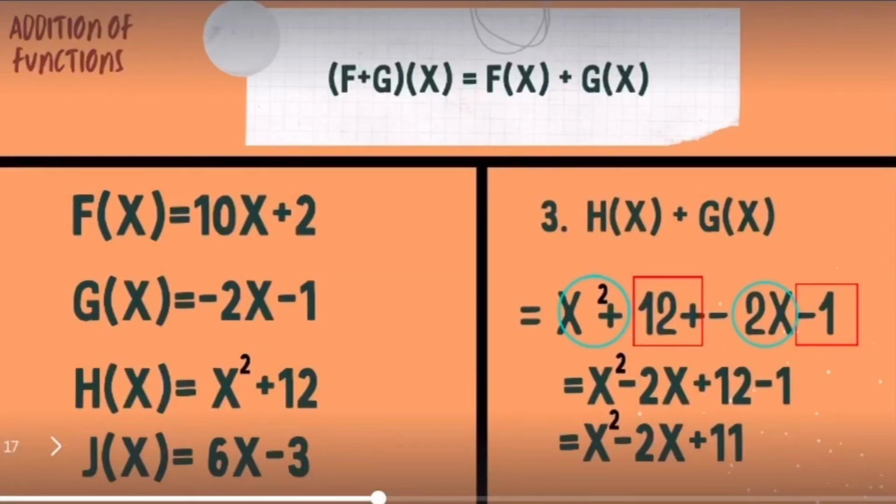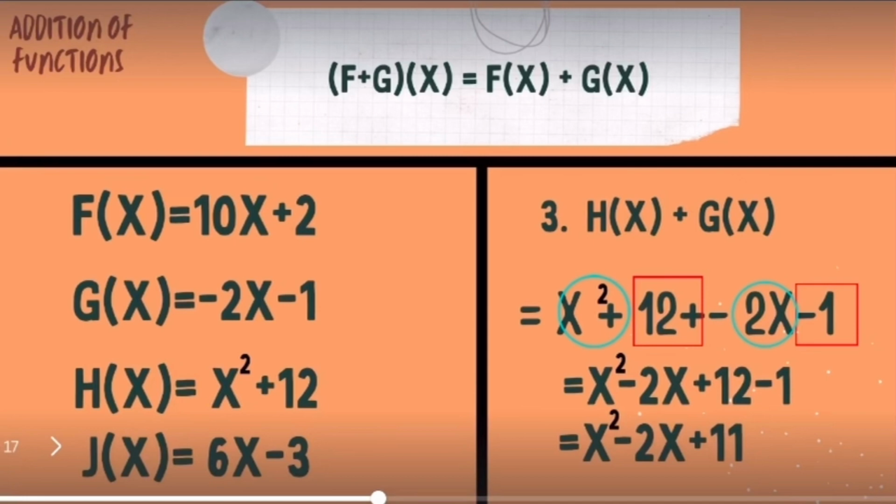h of x is equal to x raised to 2, or x squared, plus 12. g of x is negative 2x minus 1. So we just have to write them all down together and put the addition sign, of course, and then we have to rearrange them just like what we did earlier. x squared, and then negative 2x, and then plus 12, and then negative 1.